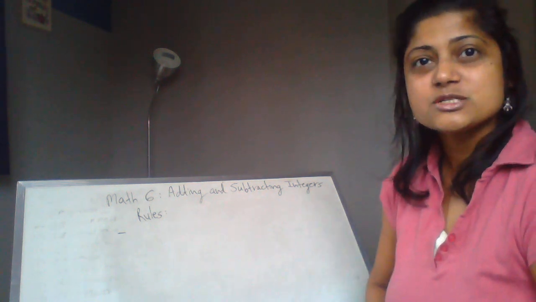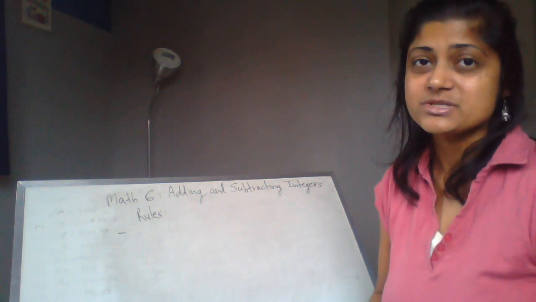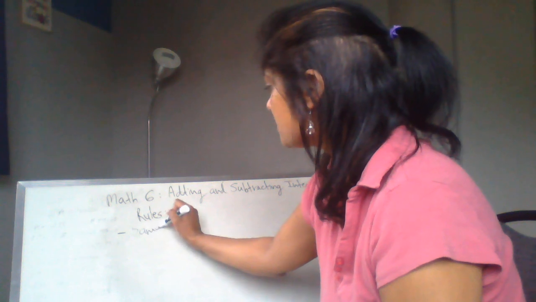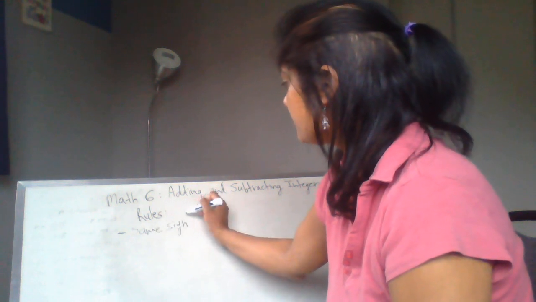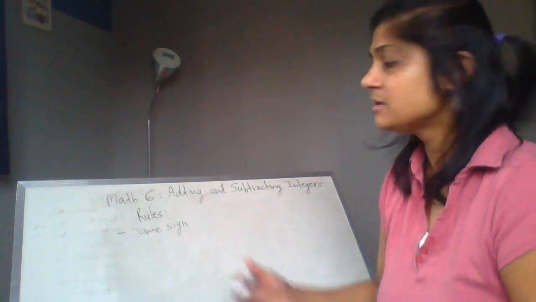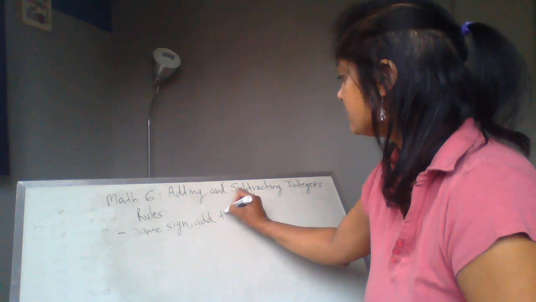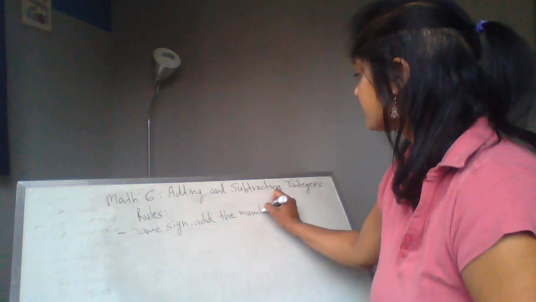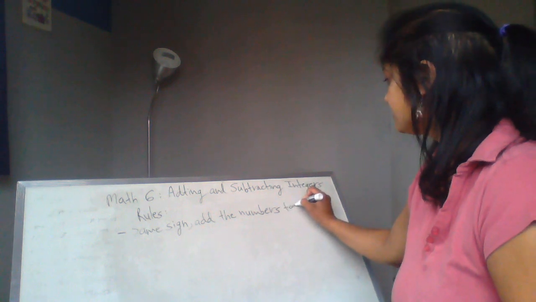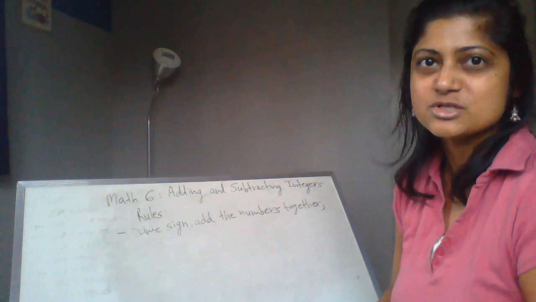The first thing we're going to do here is write down a couple of rules for adding integers. That's what we'll start off with. So if you're adding two integers together, and they have the same sign, what you're going to do is add the numbers together, and I'll put a comma there, so we'll just write it in one line.